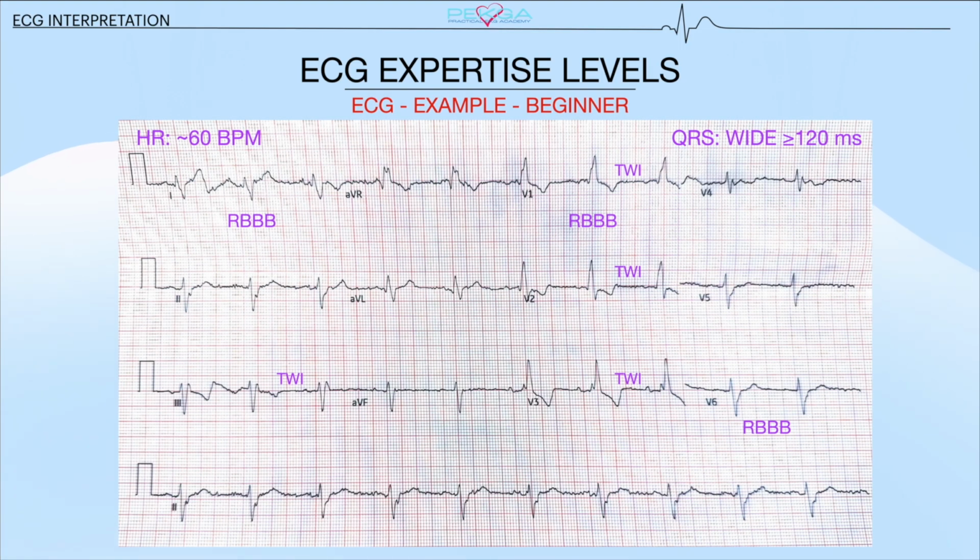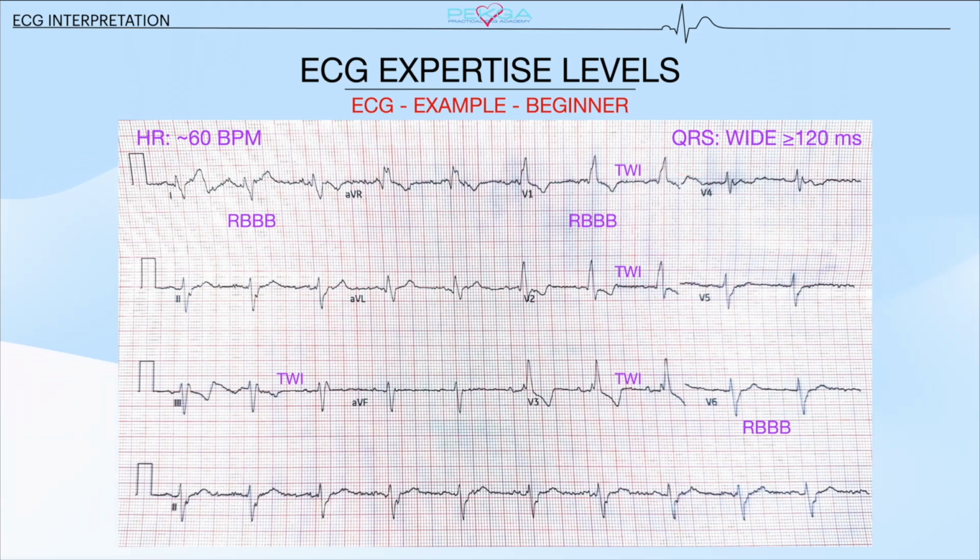So a beginner, based on what you've seen in this video thus far, should be able to take a look at this ECG and say that the heart rate is roughly 60 beats per minute. Here we're talking about not using any calipers or rulers. They can if they want to, but just by glancing at it, they should be able to tell that the heart rate is roughly 60 beats per minute. They should tell you that the QRS is wide.